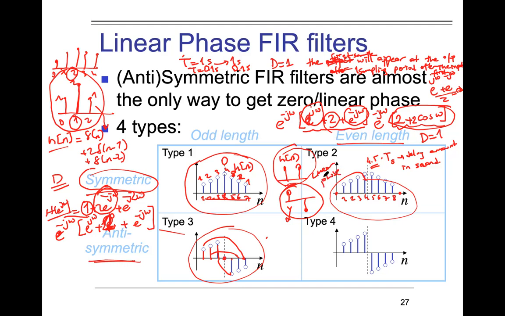Okay? And I want you to come up with, let's say, if I have this, what is my H(e^jω)? 0, 1, 2, 3, 4. At home, I want you to find out what h[n] is, what H(e^jω) is, and then how you will find the delay amount for this filter.